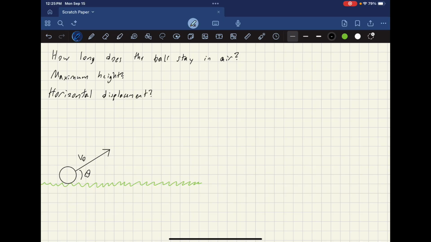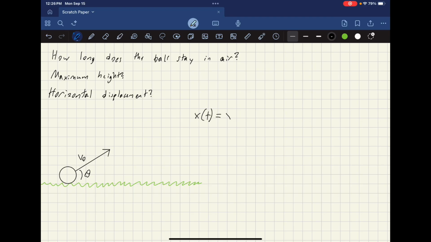And all of this is going to be done today using two-dimensional kinematic equations. The first one we're going to need is for displacement based on time.